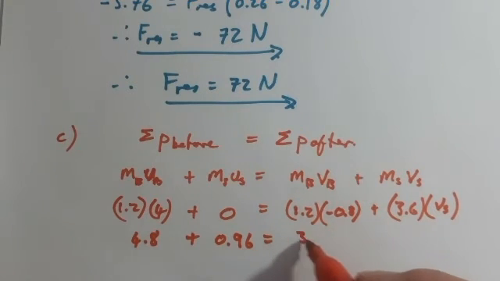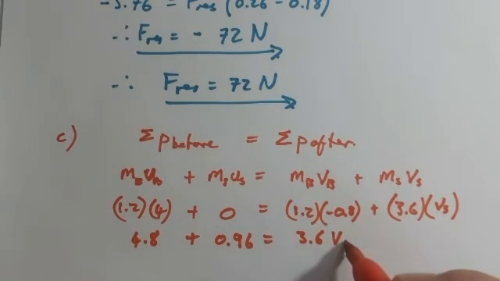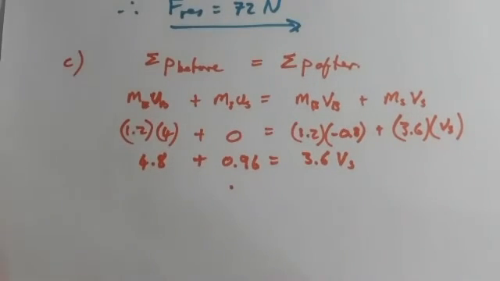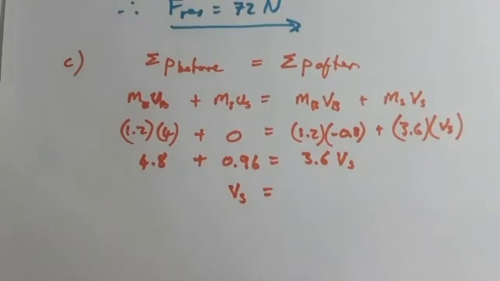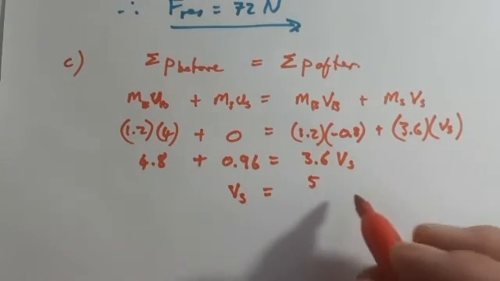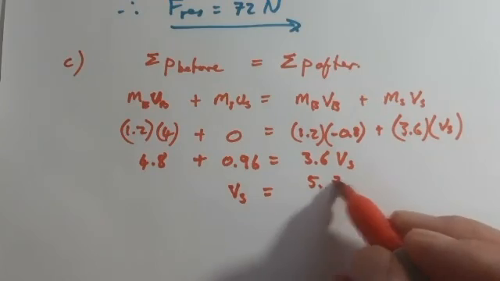And this is all 3.6 Vs. Add the two, divide by 3.6. I'm writing it in for all intents and purposes. So Vs is then 0.96 plus 4.8 gives me the 5.76.